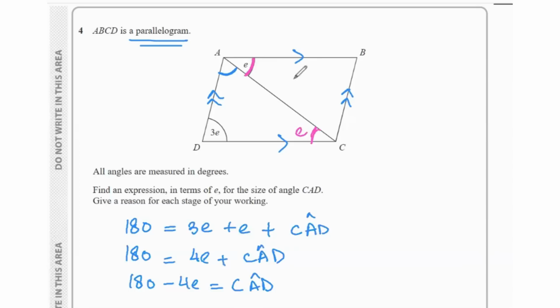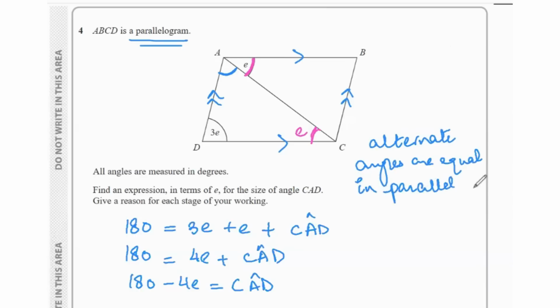So first reason for this step is going to be alternate angles are equal in parallel lines. Hence, angle BAC is the same as angle ACD.